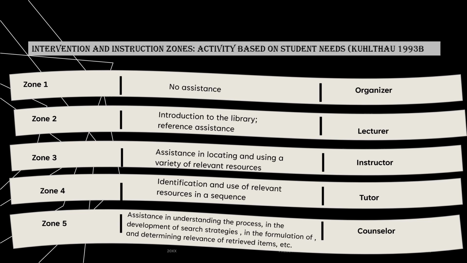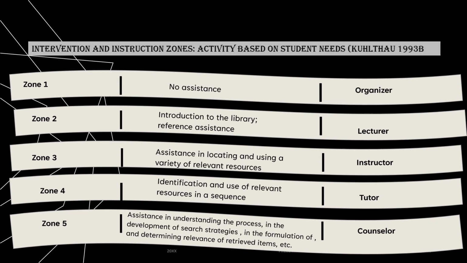When operating in Zone 2, a student will require the help of the librarian in locating information to solve a fact-based or ready reference question. Students with Zone 3 information needs will require assistance and instruction in finding and using a number of library resources.